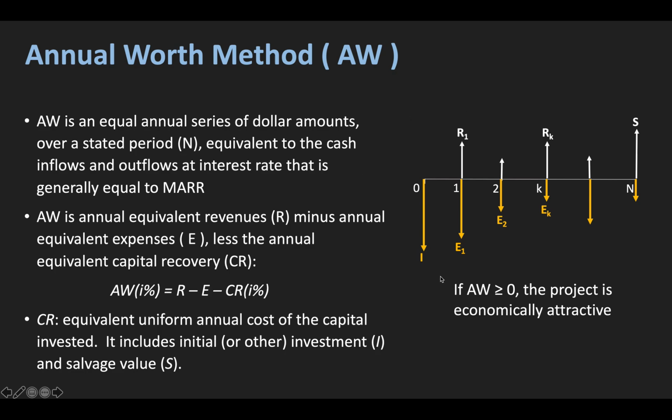So we basically want to convert all of this into an annuity, and then we want to make sure the annuity is bigger than 0. Only if the annual worth is bigger than or equal to 0, the project is economically attractive.